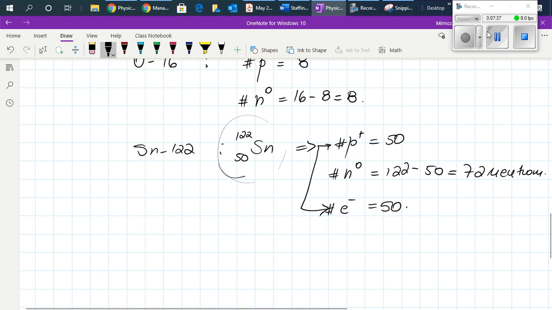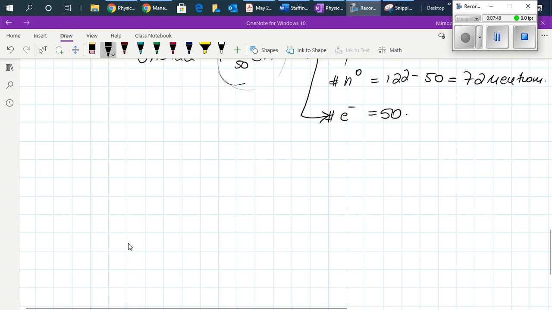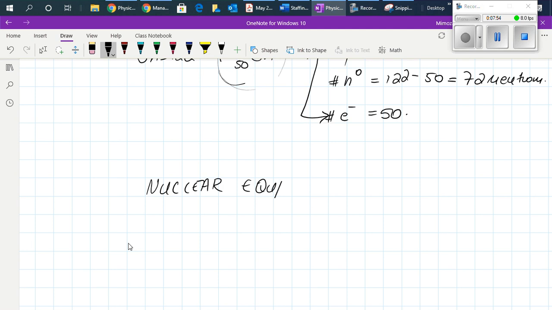So the nuclear interactions are represented by what are known as nuclear equations.